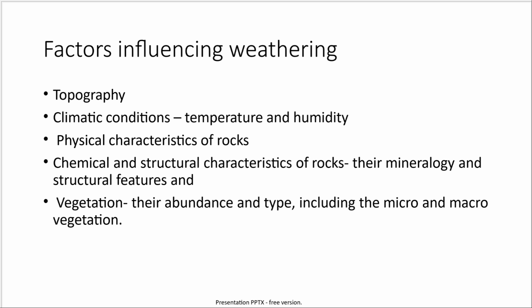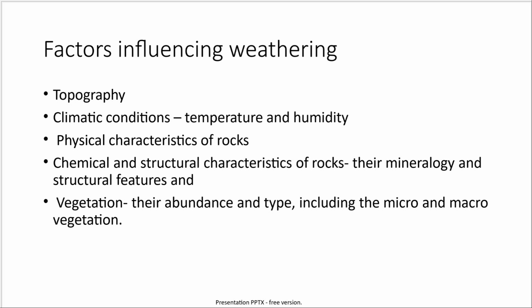So, what are the factors that influence the weathering actions? The first one is topography. Topography is nothing but the nature of the surface or the features on the surface of a land. The second one is the climatic conditions, temperature, and humidity.